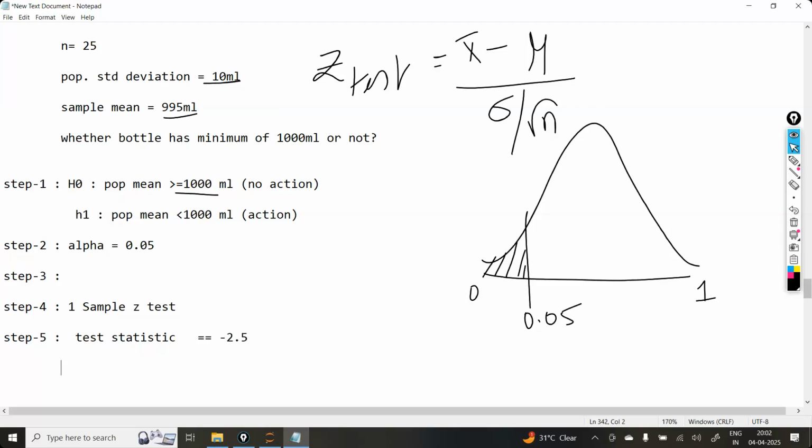Okay, done. Now open the Z table and tell me the P value. For minus 2.5, what is the P value? 0.0062, as one of the students is saying. Others, could you please confirm? In the Z table, minus 2.50. Open the Z table.